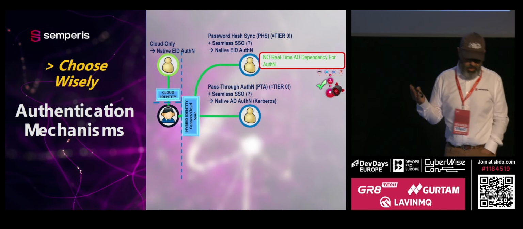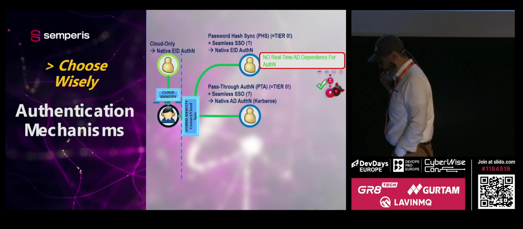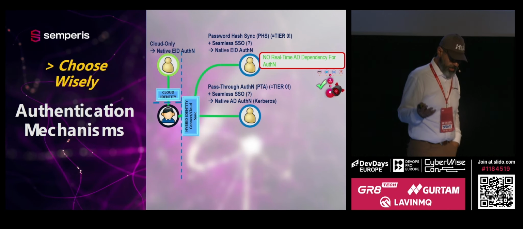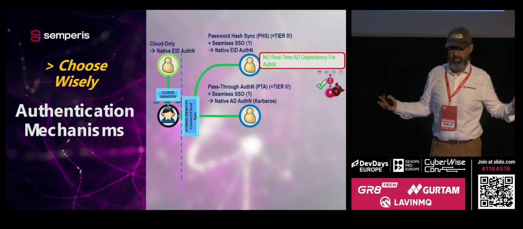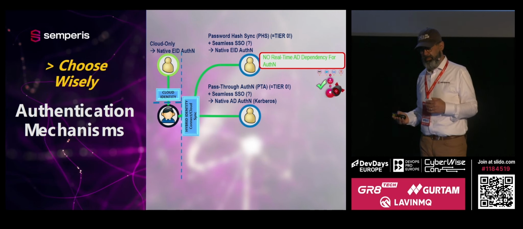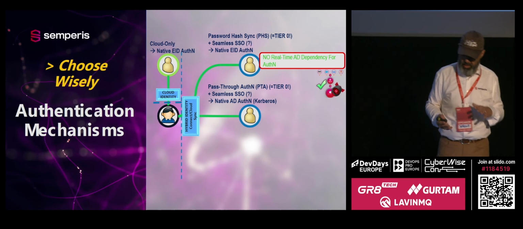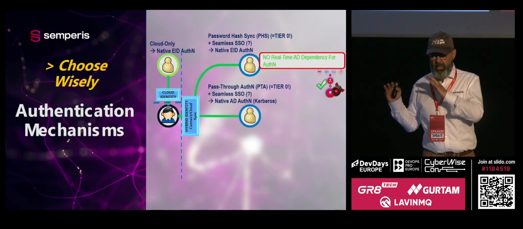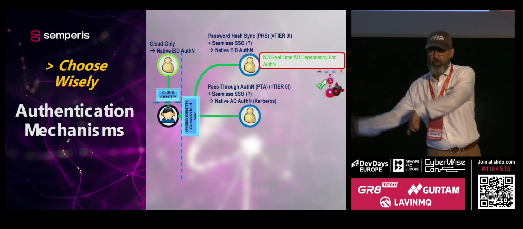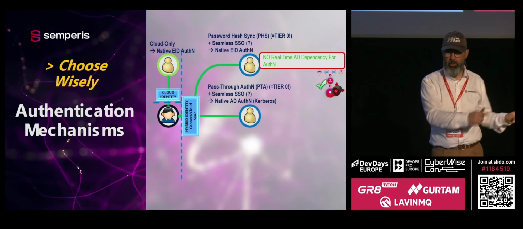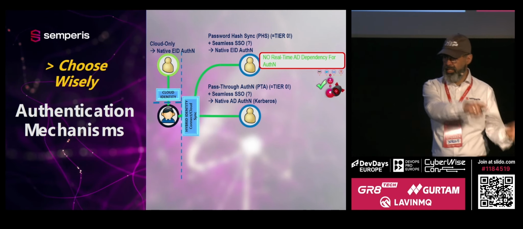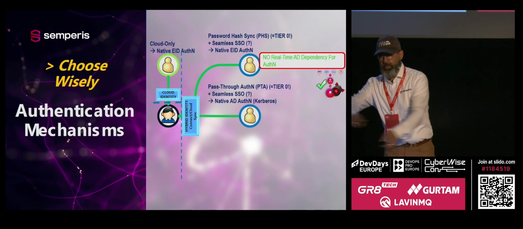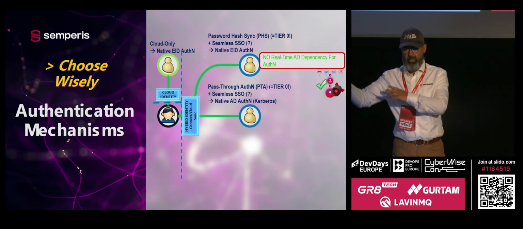Some organizations in the past chose the usage of pass-through authentication. In my view, pass-through authentication I call mini ADFS, mini federated authentication. Because with PTA, when Entra receives an authentication request, it basically redirects the authentication request to that agent, and then the agent authenticates the user to Active Directory, and then the whole thing goes back again to Entra, and Entra does whatever it needs to do.